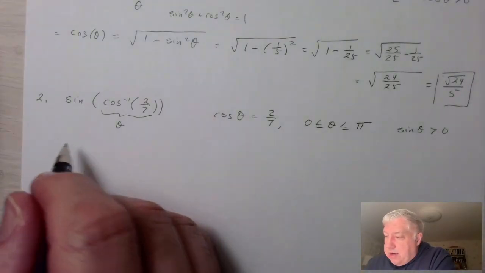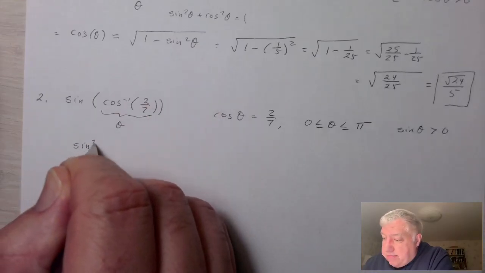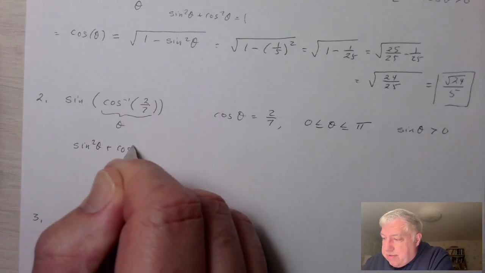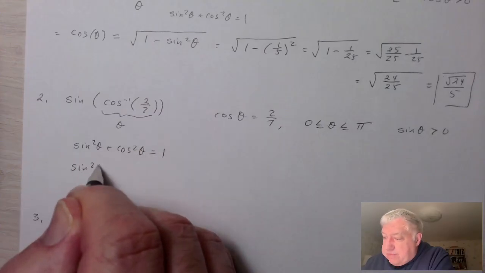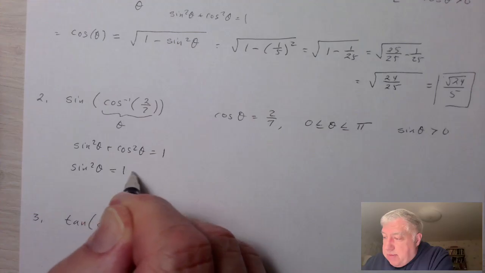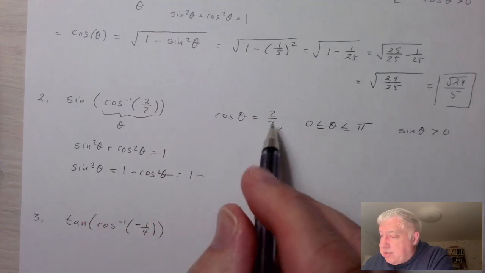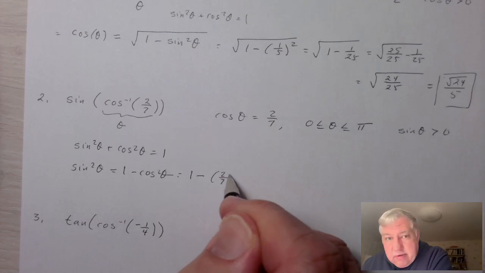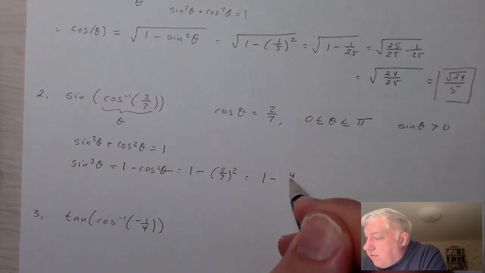Okay, so we'll do it the other way. We know that the sine squared of theta plus cosine squared of theta equals 1. So sine squared of theta is 1 minus cosine squared of theta, which is 1 minus 2/7 squared, which is 1 minus 4/49.